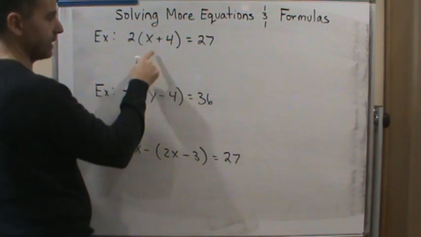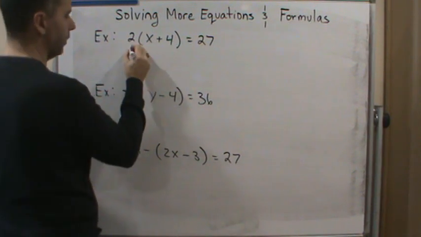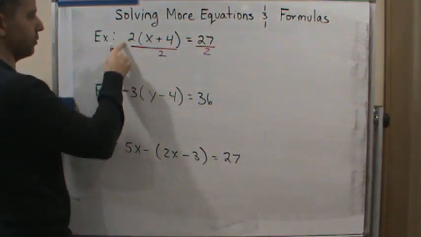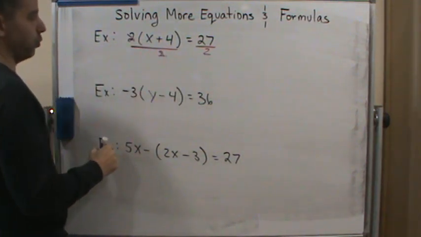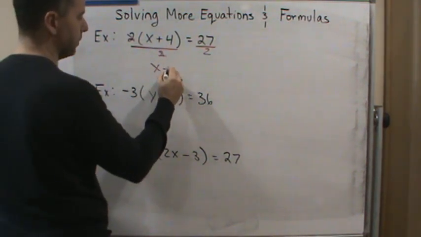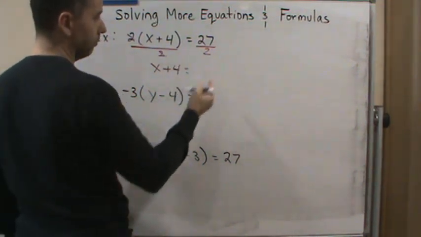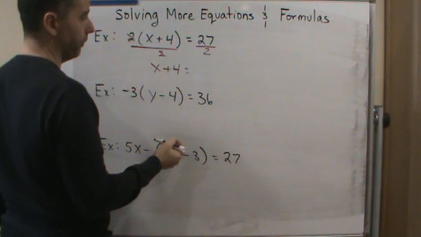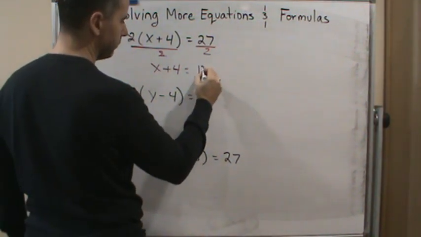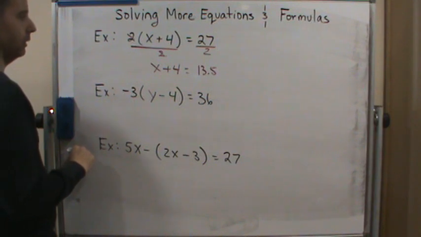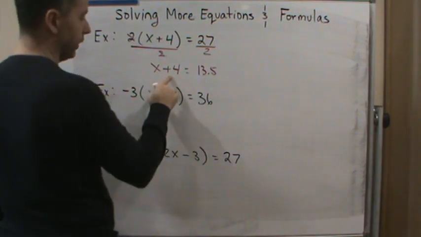So whatever you do to one side, you have to do to the other side. So we're going to divide both sides by 2. And so 2 divided by 2 gives us 1. And so we get x plus 4 is equal to what? Well, that's going to be 13 and a half, right? Okay? And then what are we going to do to both sides?